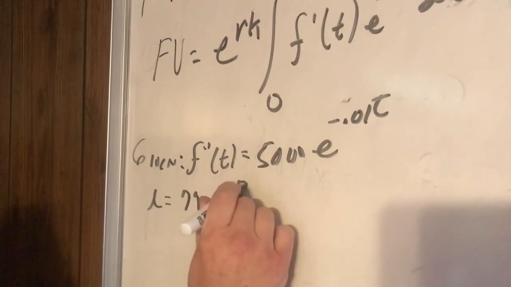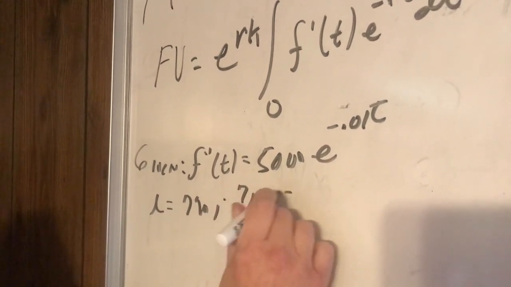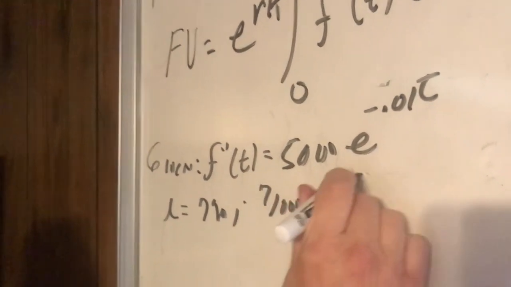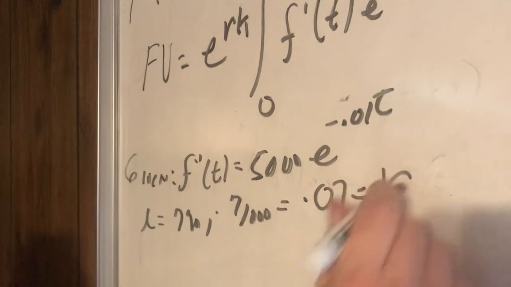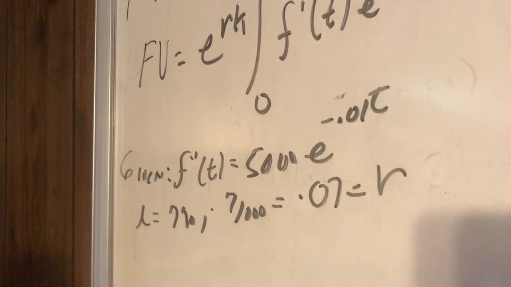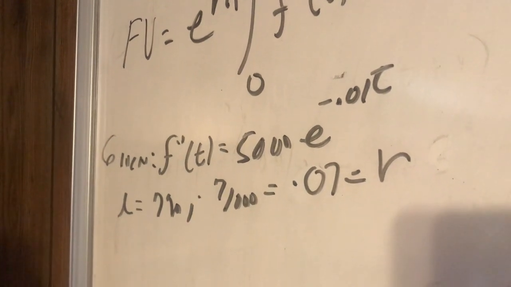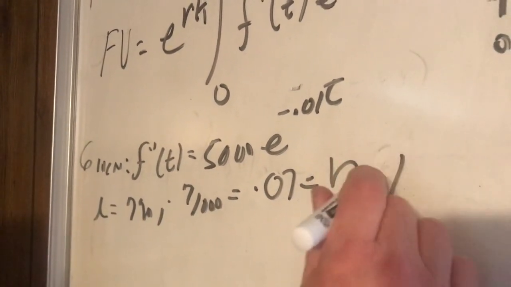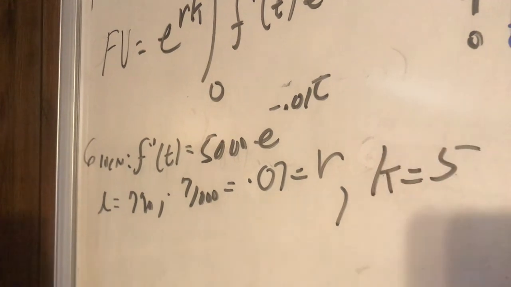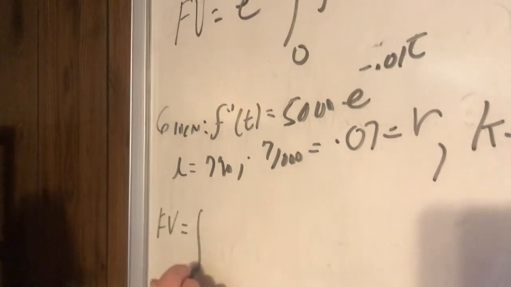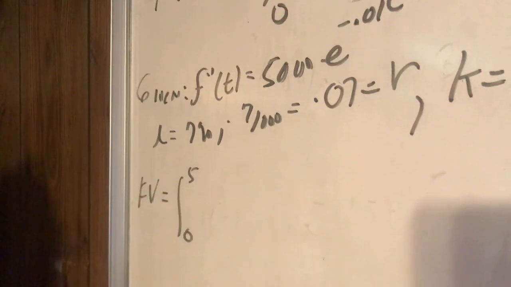So that's going to be 7 over 100 equals 0.07. So that's going to be R. And my K value, I wanted to know the future value in 5 years. So K equals 5. So I set up my future value, 0 to 5.